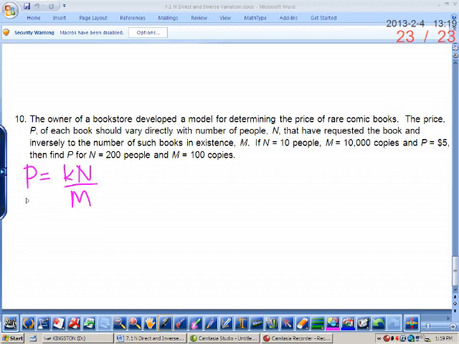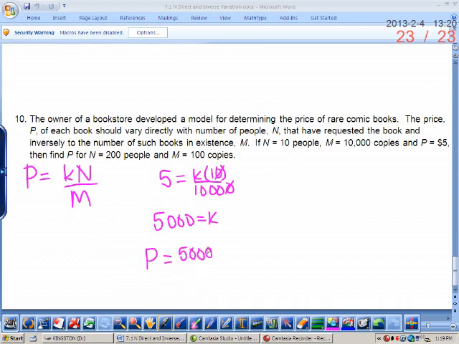Then you plug in 5 equals K times 10 over 10,000. So one of our zeros cancel. So we have K over 1,000 equals 5. So what does K equal? 5,000. Which makes my equation P equals 5,000 N over M.